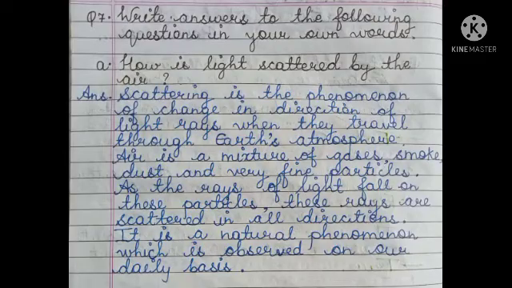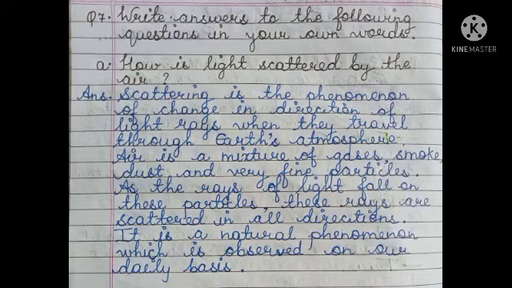Next question, write answers to the following questions in your own words. And the very first one is, how is light scattered by the air? While learning the properties of air, there was one property that light is scattered by the air. So how does air help in this process?